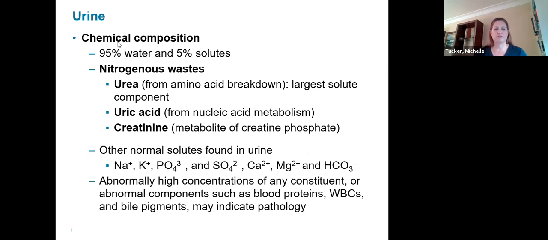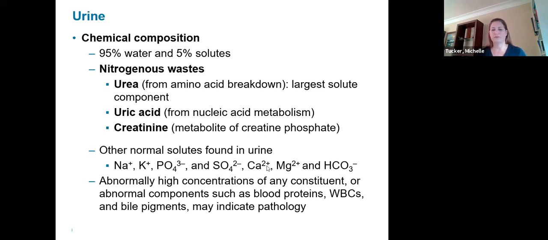Urine is usually about 95% water, 5% solutes. It does contain nitrogenous waste. Urea from amino acid breakdown is the largest component, then smaller contributions from uric acid and creatinine. There are also other ions that are found: sodium, potassium, phosphate, sulfate.